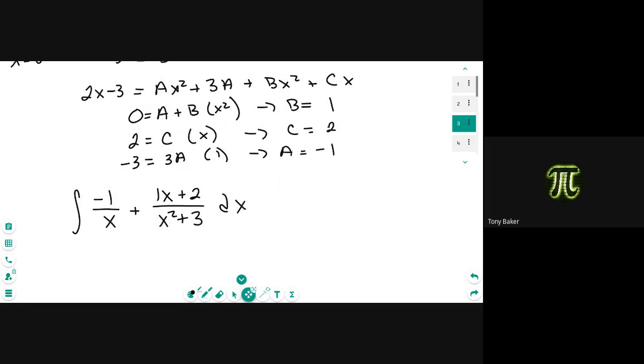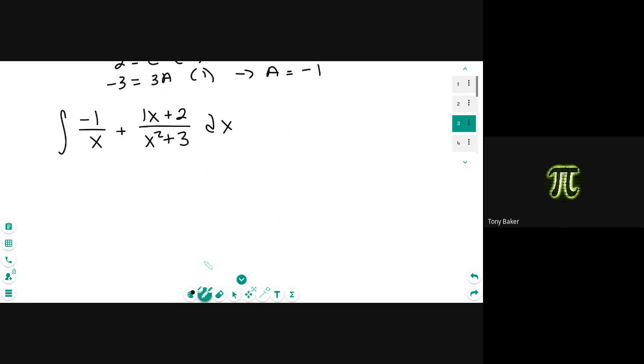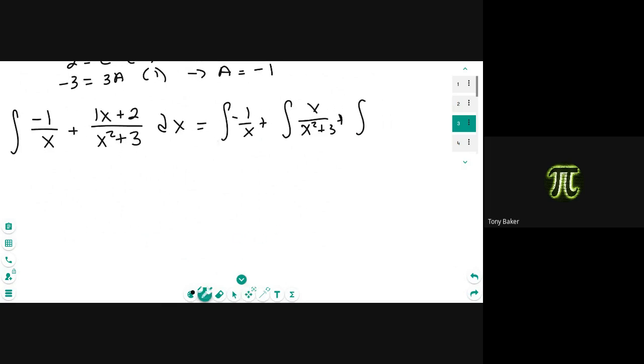Are we good? So now let's split this up into integrals that I can work with: the integral of -1 over x, plus the integral of x over x squared plus 3, plus the integral of 2 over x squared plus 3.